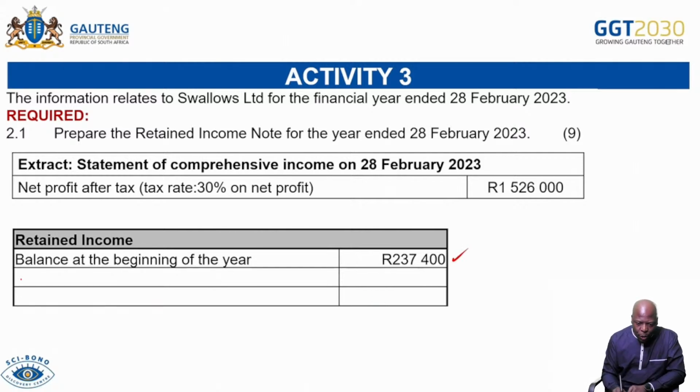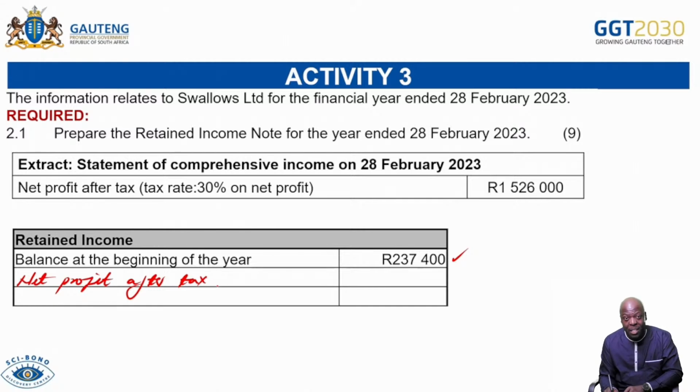Aha, it is your net profit after tax. And you're given a net profit after tax, simple. I just bring here 1,526,000 like that. No hassles, no struggles. Then we can go on to the next part.